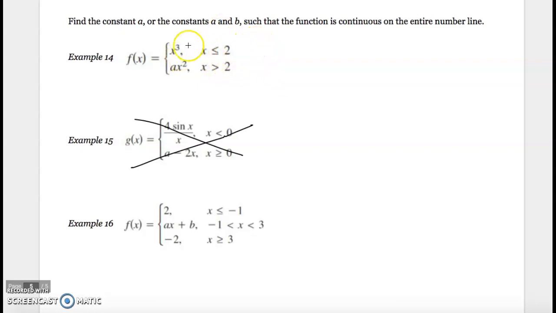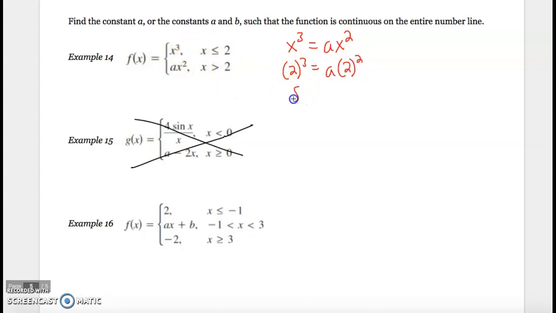So basically, I want everything to be equal when my x value is 2. And so what I'm going to do is set the pieces of my piecewise function together equal, and then plug in 2, and that will allow me to solve for what a has to be in order for this function to be continuous.